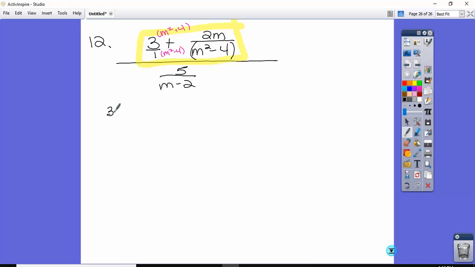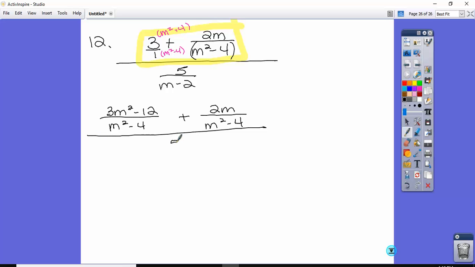So that would give me a 3m squared minus 12 over m squared minus 4 plus 2m over m squared minus 4, all over my 5 over m minus 2. So now these have the same denominator, we can add them together.